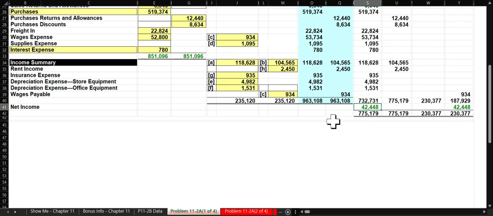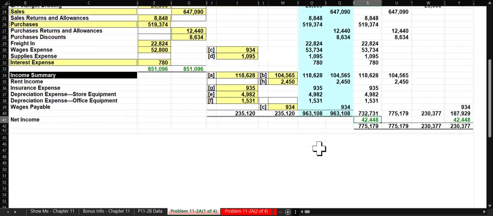It simply means that if you don't record adjusting entries, the profit or loss that you report will be incorrect. It could be overstated or it could be understated, but it's incorrect. And so we now assume, based on the information that we were given, that this is the correct net profit or net income for the period.